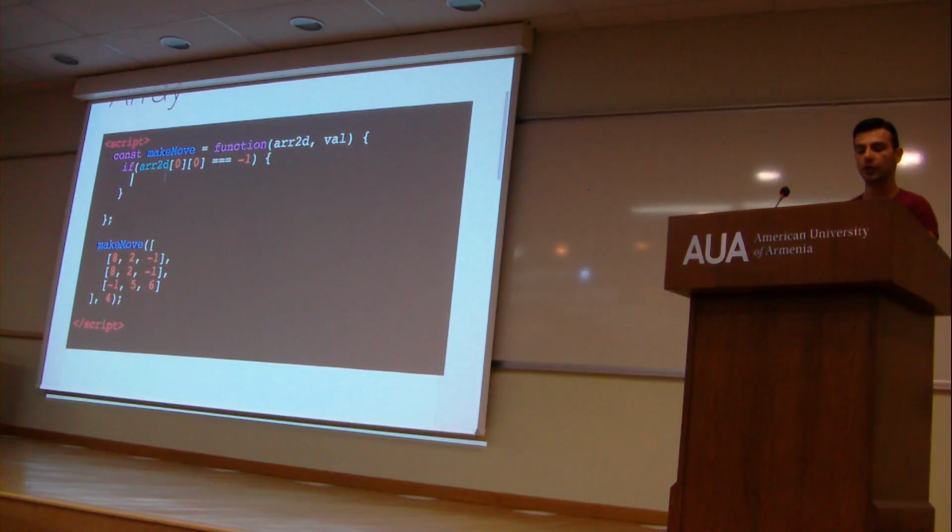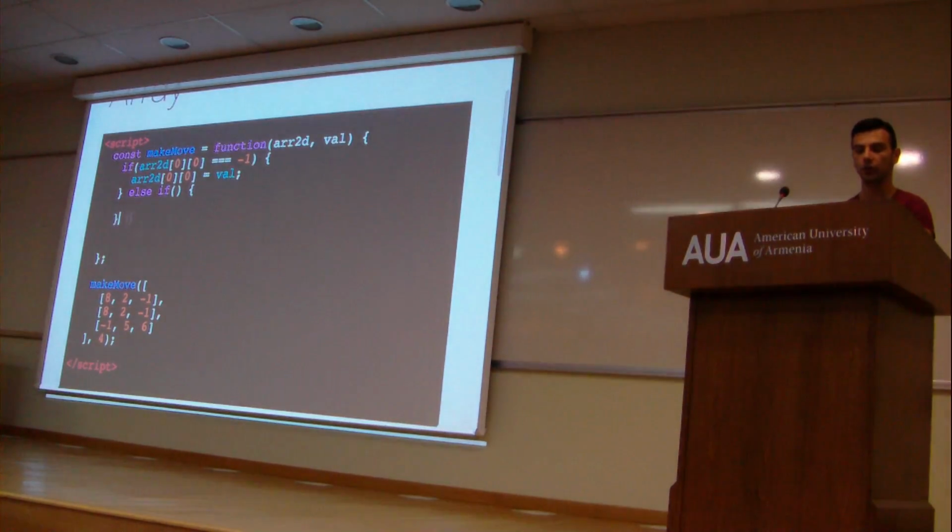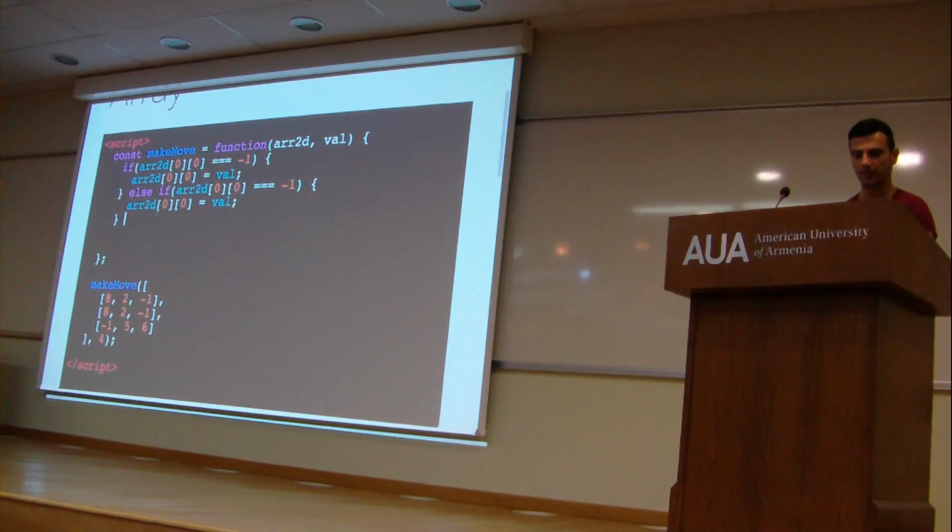Okay, so if this is true, then what we'll do is R2D 0, 0, and we'll put inside the value that is given to us. If it's not, else, if we check the next position. How do I check this next position? 0. So let's copy all this. Don't you wish you had copy paste in your exams? 0, 1, 0, 1.